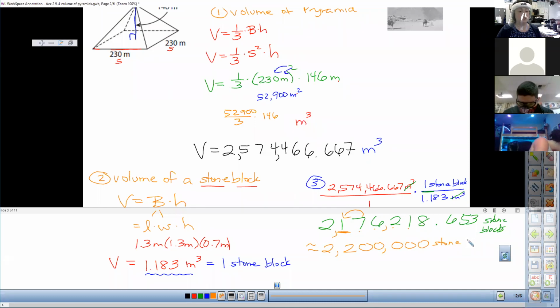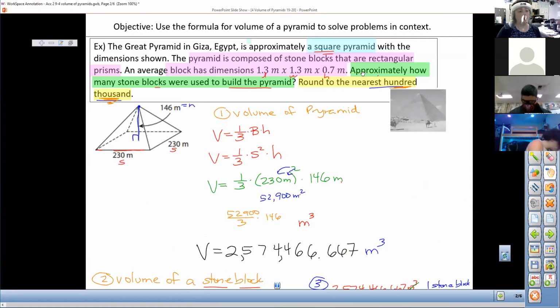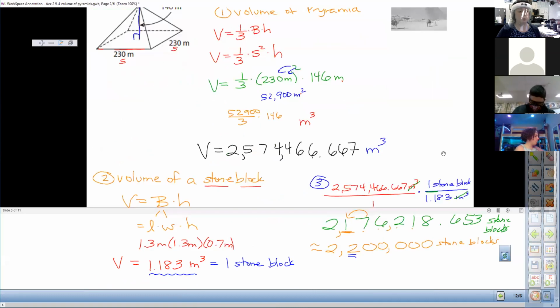And that is now approximately how many stone blocks were used, to the nearest 100,000. The other thing is, remember, all of these problems do require a sentence conclusion. So now we're going to have to apply this to the situation. We're answering this question about approximately how many stone blocks were used to build the pyramid.